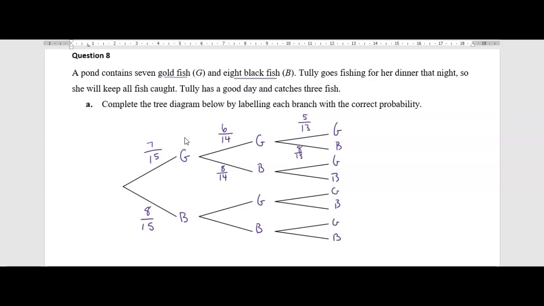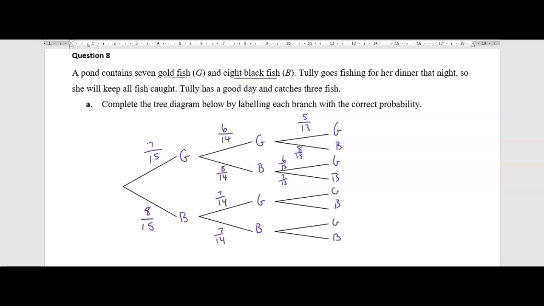Okay, so moving down here, if a blackfish is gone, we still have the 7, but there's only 14 fish, and 7 over 14 black. And then here, we've got 7 gold over 13. And, oops, no. Oh, no, sorry, it's 6. Let's get rid of that. So I knew I had made a mistake because it wasn't adding up. Okay, so 6 out of 13 and then 7 over 13.